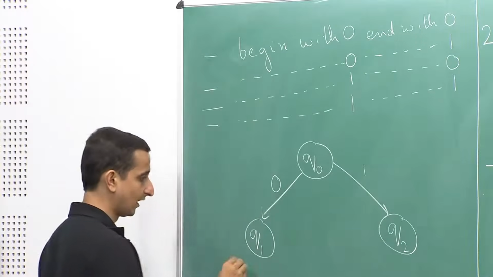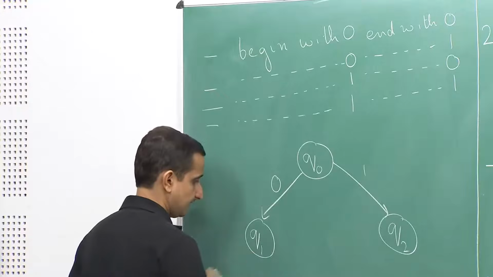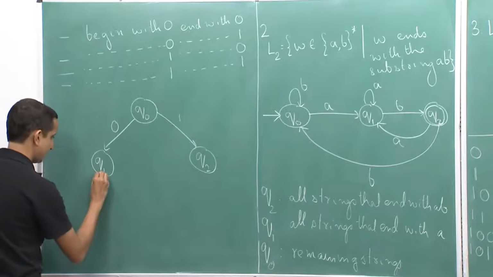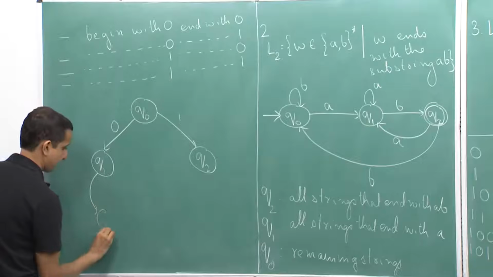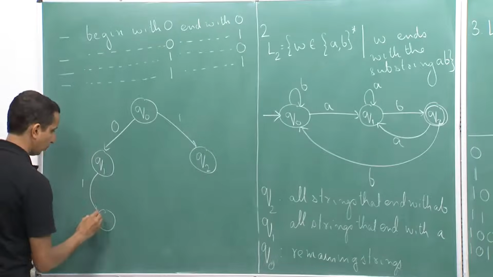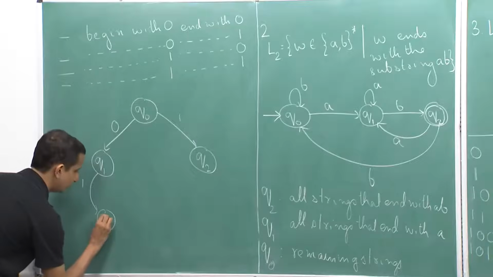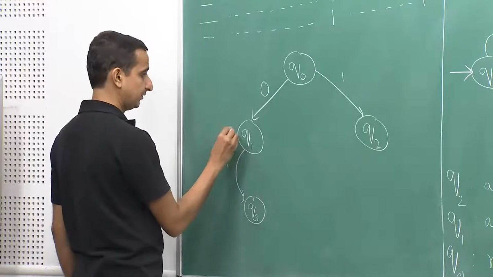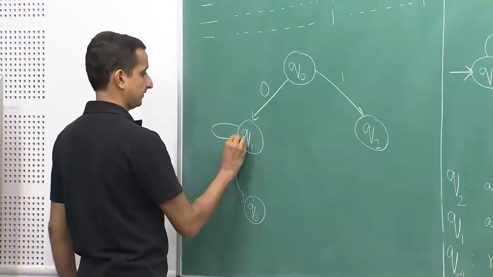And now from Q1, if I see a 1, I go to Q3, and if I see a 0, then I stay at Q1.